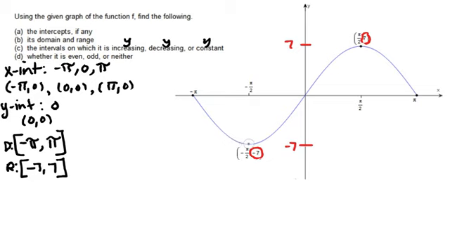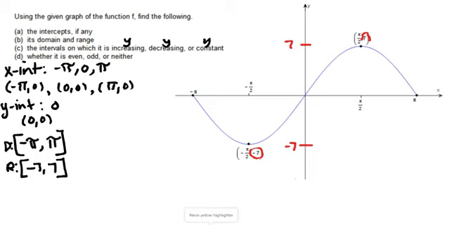And then I get to this point here, and then the y values are increasing. And they continue to increase. The y values are increasing until we get to this point here. And then the y values are now decreasing. So I've found a few intervals of increasing and decreasing for this function.